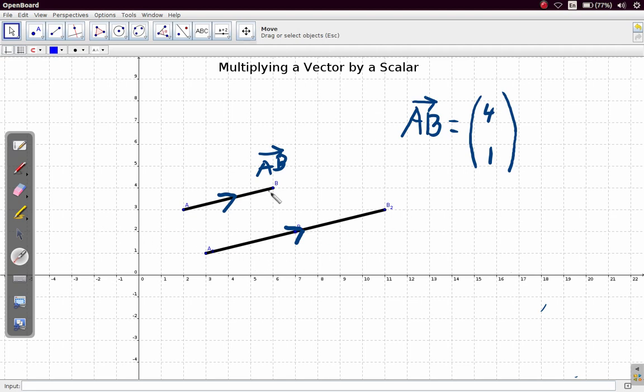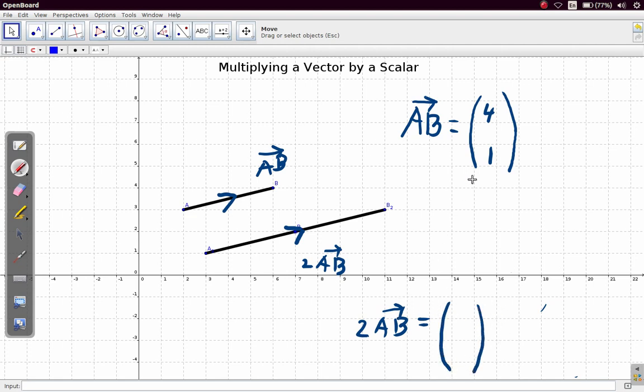Now, this vector is 2AB. If I should write 2AB in terms of a column matrix, I would put the arrow at the top to show that it's a vector.